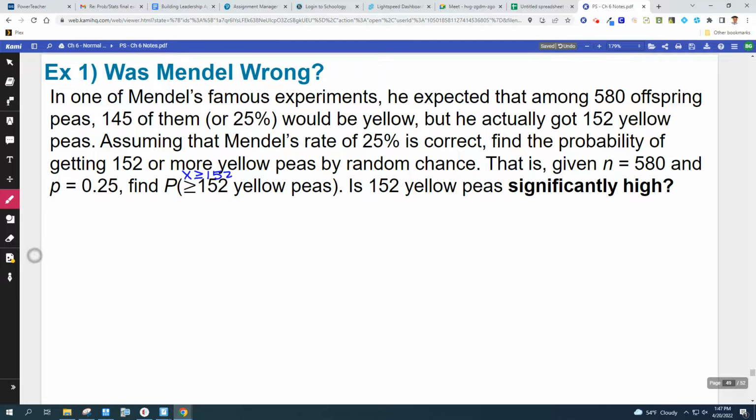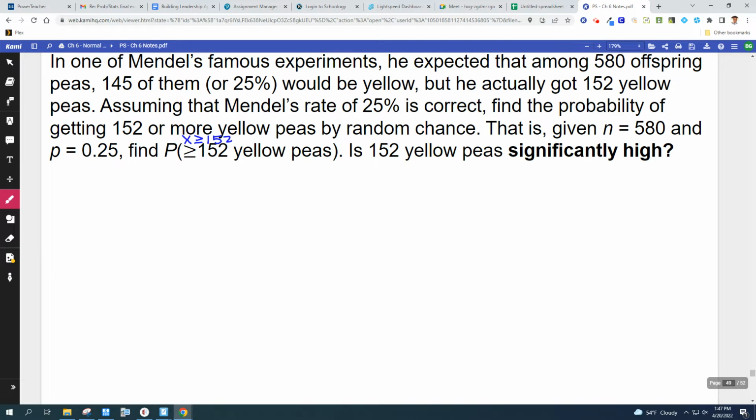So let's look at the steps. Step 1. Go back and look at the steps in your procedure from before. Check the requirements. So in this problem, n is 580, p is 0.25, and so therefore q is 0.75.